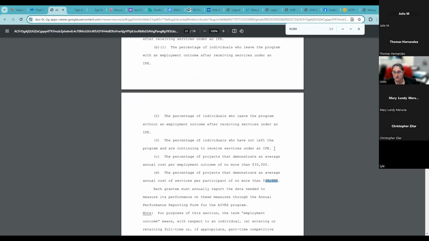It is common that you would have people that would stay on. Sometimes some people need more than a year, and to say that everybody is in a cycle that you stop and start in a whole year just isn't the way voc rehab works. It is something that they're going to look at. And then these performance measures.